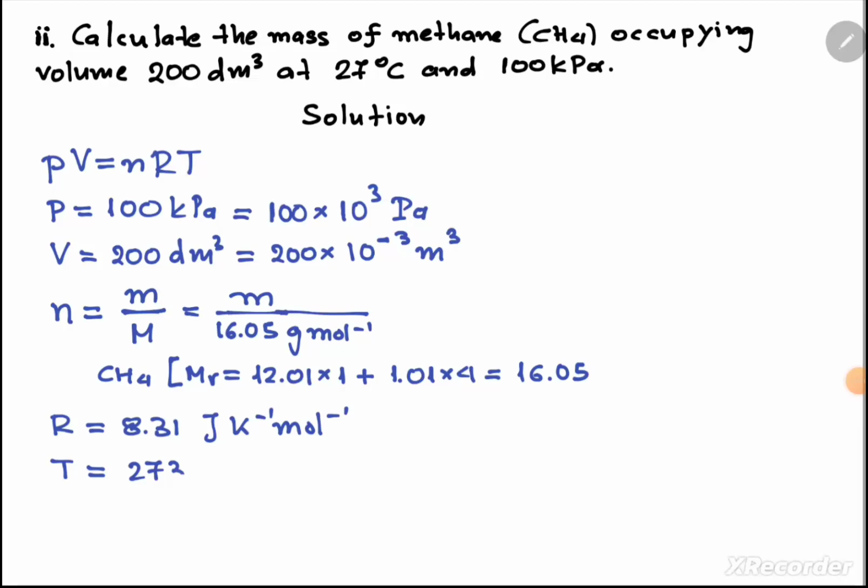So we have 273 plus 27, so we have 300 Kelvin.